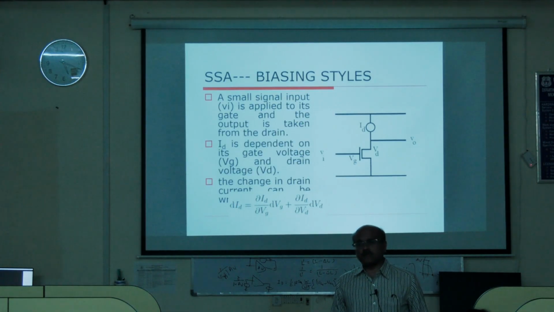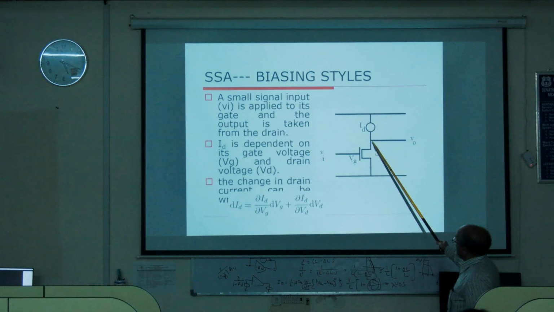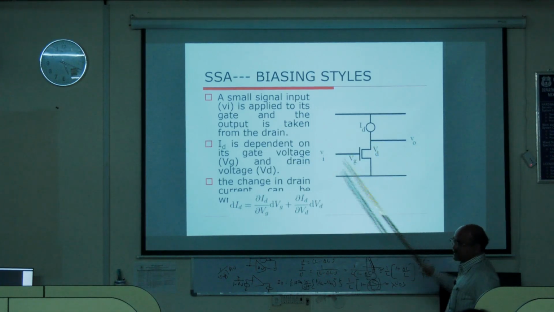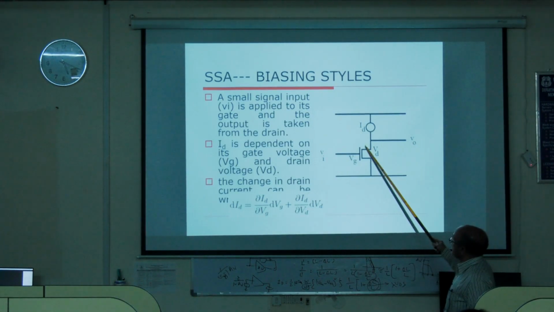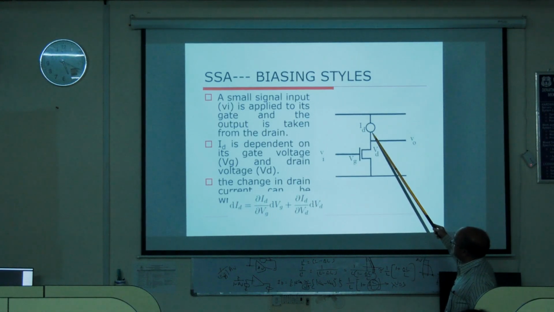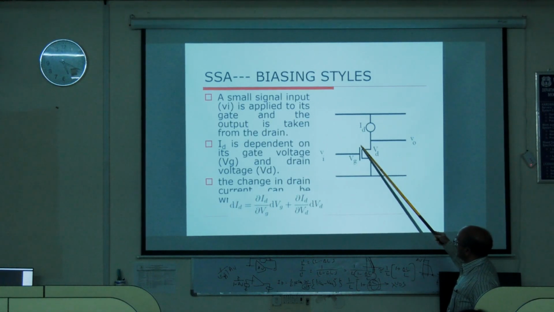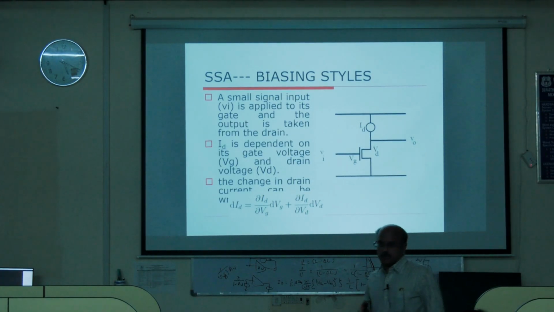So therefore what is to be done is, since between the output and the input the capacitance is there, somehow you have to resolve it. So probably if you don't take the output from here, take it somewhere else and isolate, that is, isolate the output node and the input node.